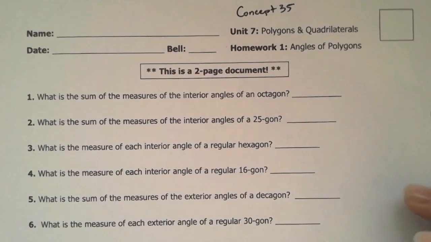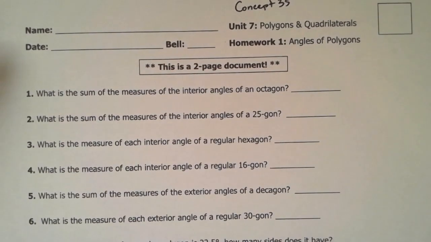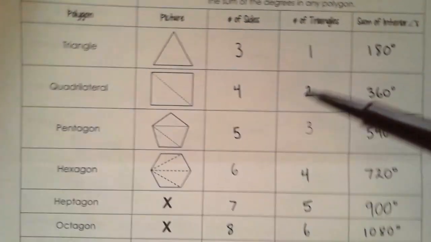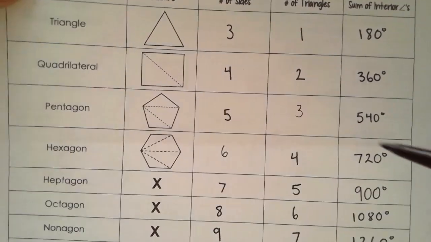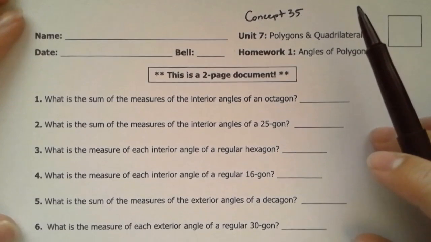Number 1 says, what is the sum of the measures of the interior angles of an octagon? Please have handy the first worksheet we did on notes, the one with the tables that had all the figures with the number of sides and the sum of the interior angles, because it's going to make some of these problems a lot easier to work with.